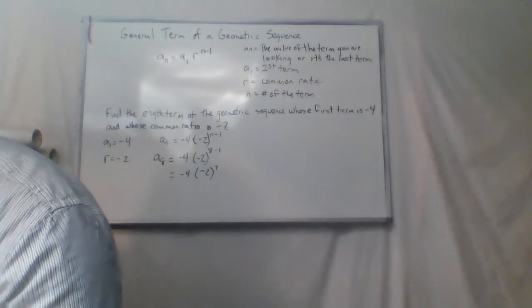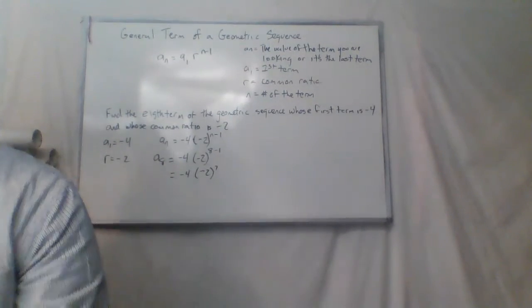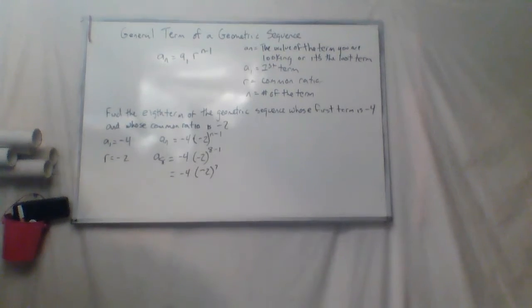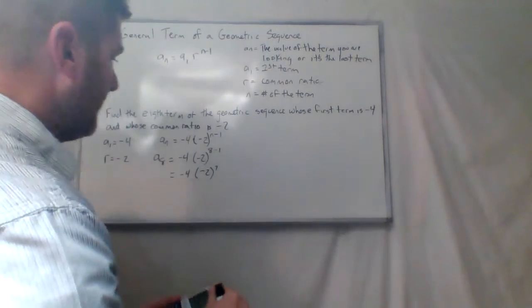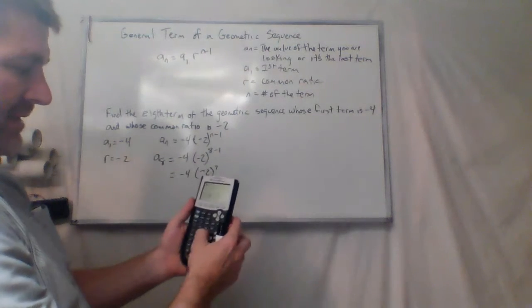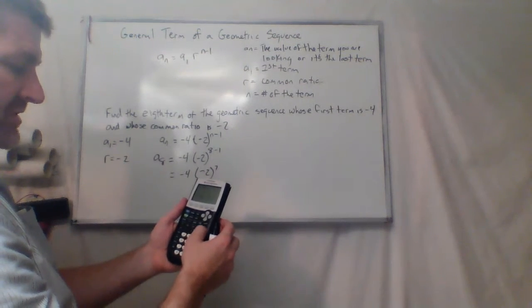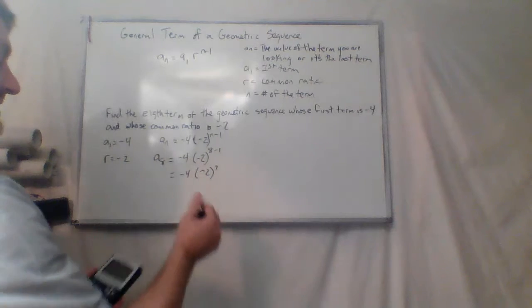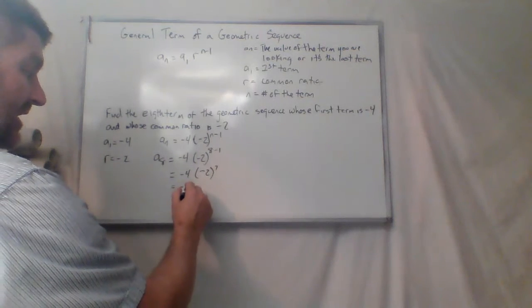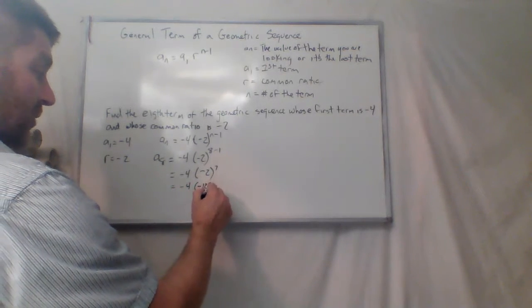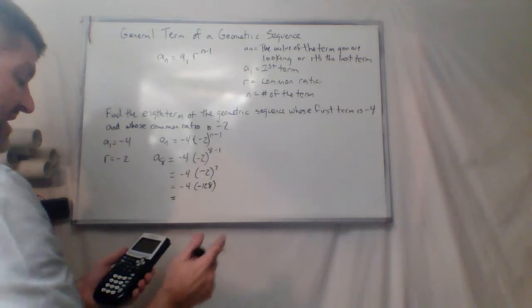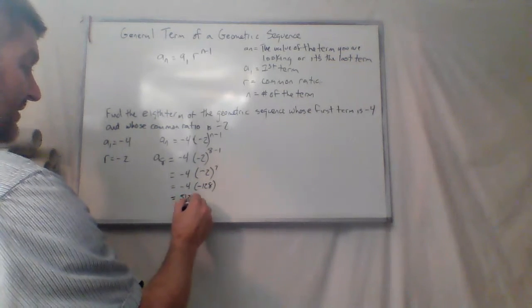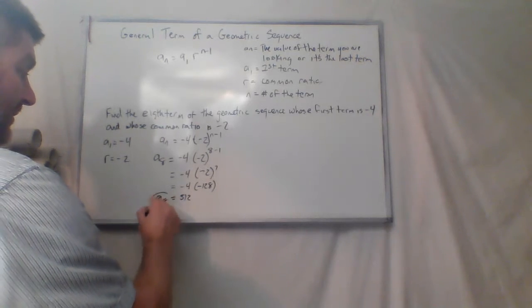I'm going to use my calculator. When I type this in, it's in parentheses, -2, close it, to the 7th, and that's going to give me -128. So you've got -4 times -128, and I get 512. And this will be my eighth term.